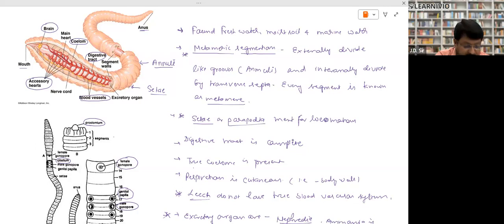Digestive tract is complete because both mouth as well as anus are present.